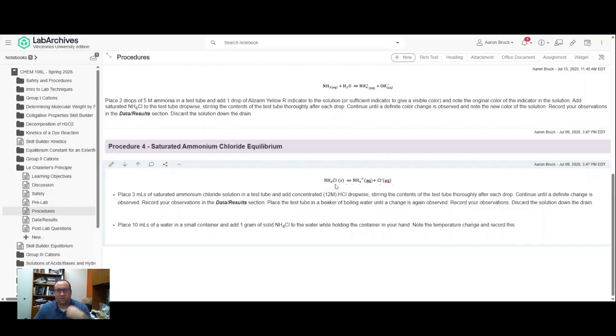That information, exothermic versus endothermic, can allow us to put heat on one side of the equation or the other and help us figure out how I would get more of this to dissolve, or what I would be able to do if I wanted to get some of this to come out of solution and re-solidify.